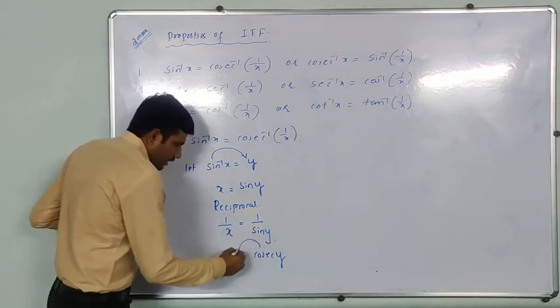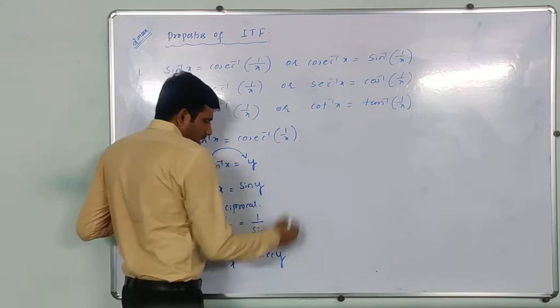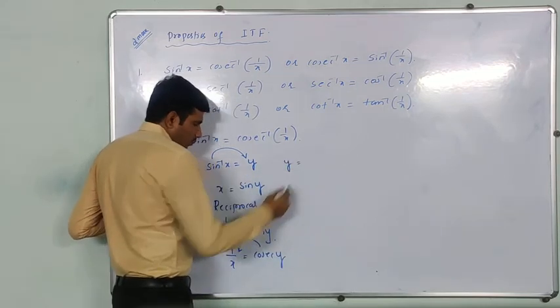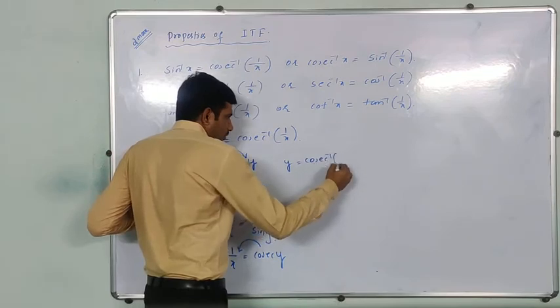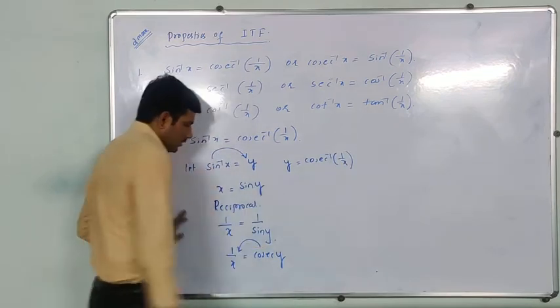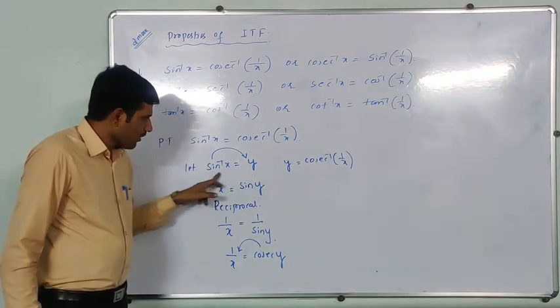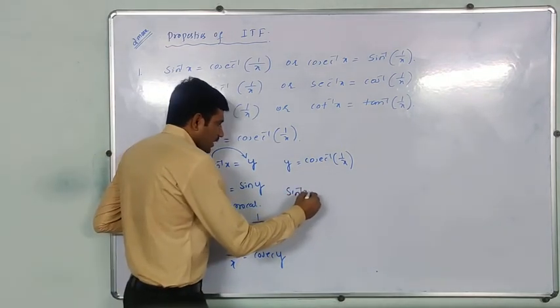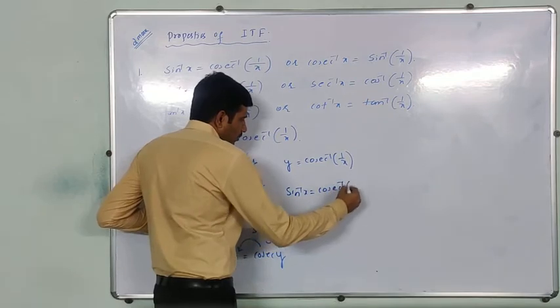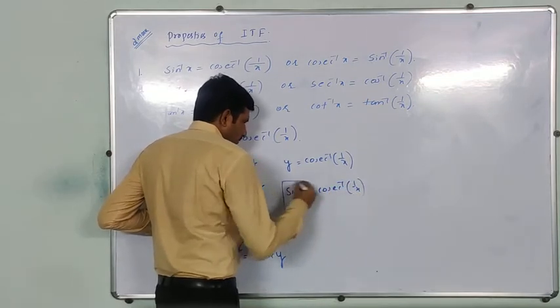Now take the cosec to the other side, so y is equal to cosec inverse of 1 by x. And what is y from the given equation? That is sine inverse of x. So sine inverse of x is equal to cosec inverse of 1 by x.